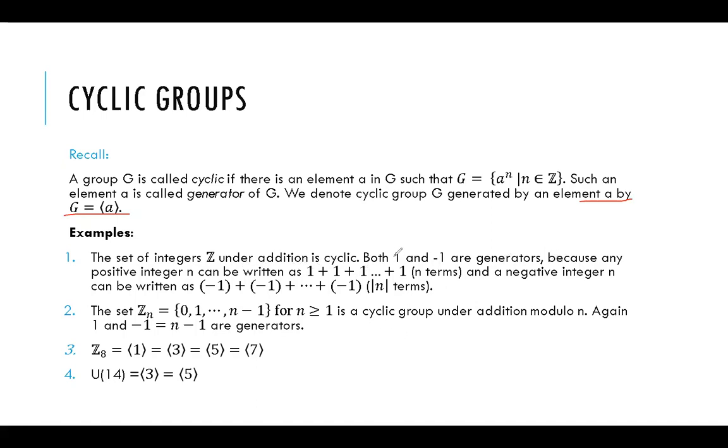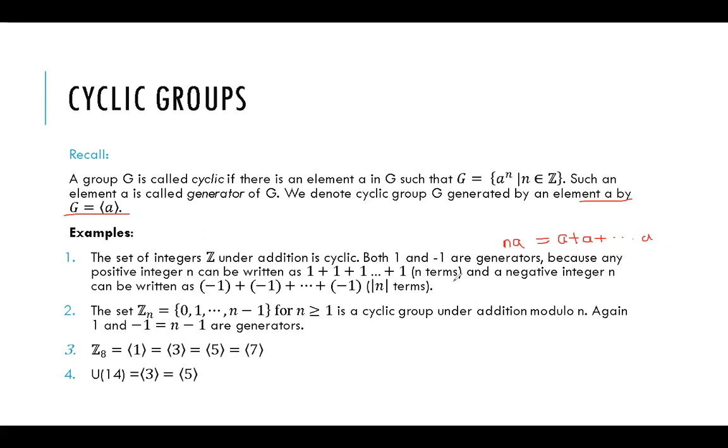It is easy to check that 1 is the generator because first of all we know that the group is of this form, A power n such that n belongs to Z, and it's a group under addition. So instead of A power n, we will take nA, the multiples of A, or we can say that we will take the sums of A with itself n times.